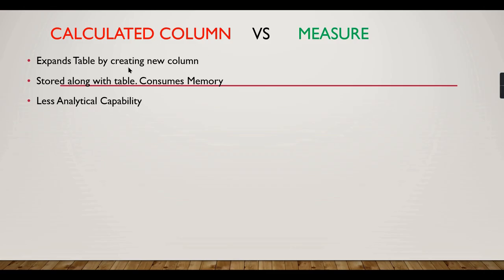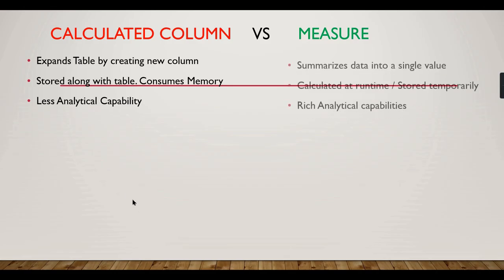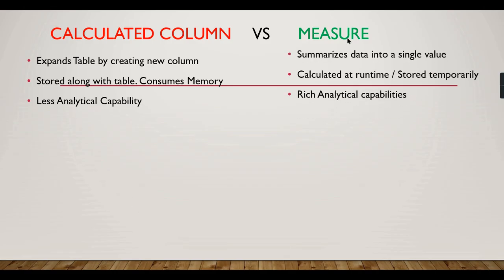Meaning, you have a table, and we will shortly see an example so that it will be easy for you. And what about measures? A measure summarizes the data into a single value. It returns a single value, and based on the data you want to view, it will be sliced and diced. It is calculated at runtime, with no physical storage involved.